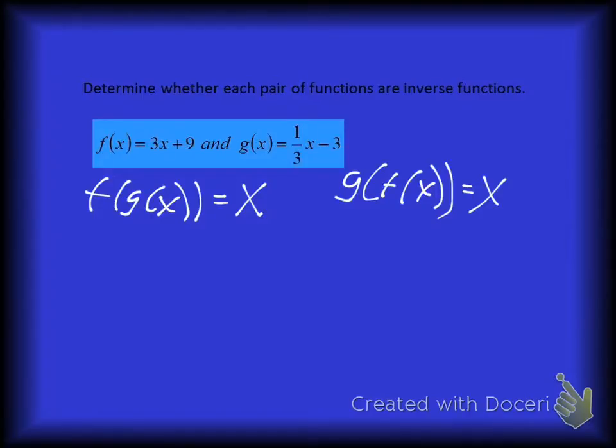Okay? So the first one, we're going to take f of what g of x is, which is 1/3 x minus 3, and plug it into f. It's going to give us 3 times 1/3 x minus 3, and then the plus 9 afterwards.